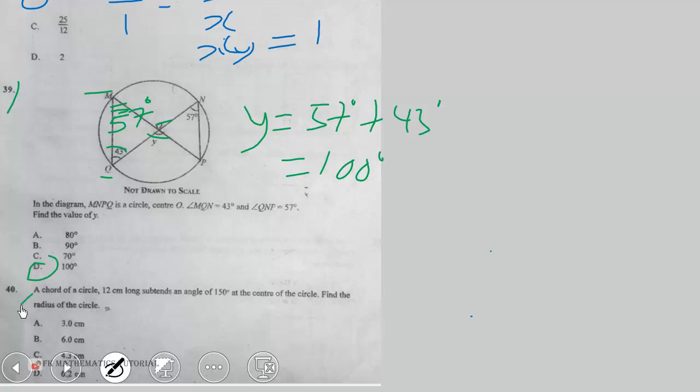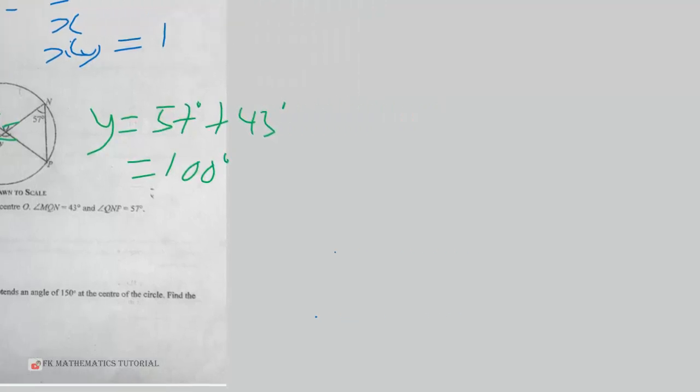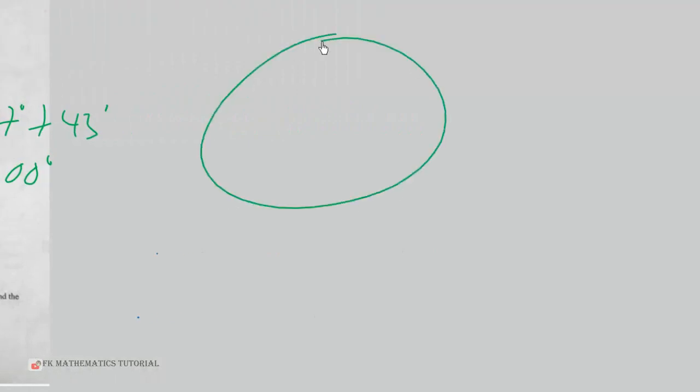Question 40. A chord of a circle 12 centimeters long subtends an angle of 150 degrees at the center of the circle. Find the radius of the circle. So we have a circle like this, and we have a chord which is 12 centimeters.